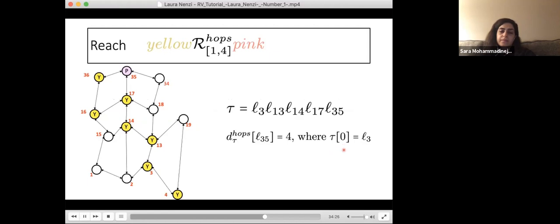Let's see an example to better understand the operator. Here we have a graph, and we want to see if there are locations that satisfy the property yellow reach pink, in an interval between 1 and 4, considering the hop function. For simplicity, in this example, we use just the hop function.